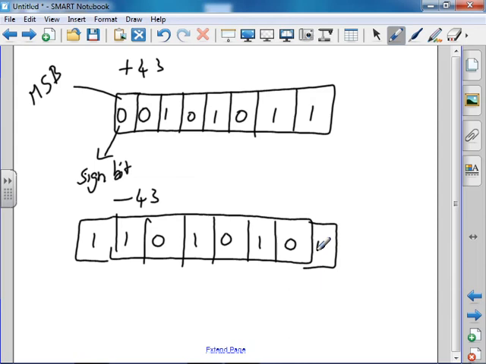This is called LSB, least significant bit, and this is called MSB, most significant bit, or the sign bit, for a negative number.